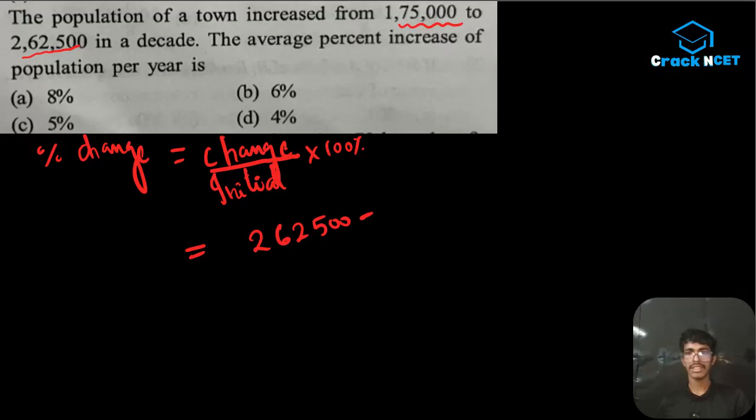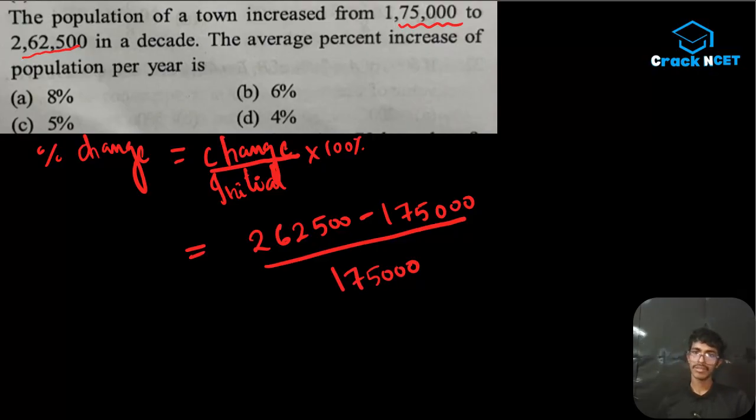Which is 262,500 minus 175,000, divided by the initial population of the town, 175,000, into 100%. So the value comes out to be, taking the zeros out, you can take out the zero obviously, 2625 minus 1750.